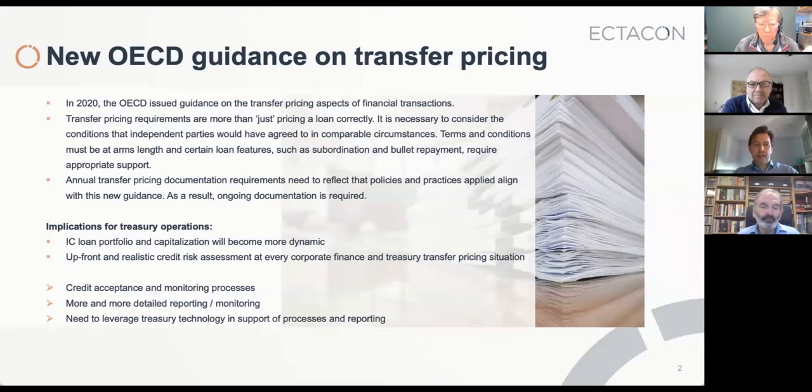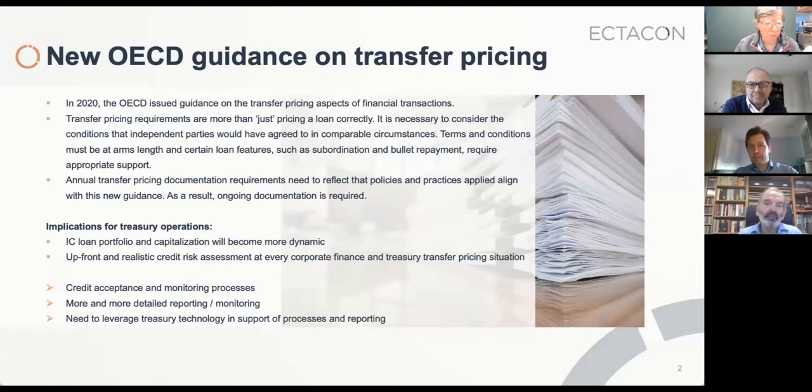And with increasing transfer pricing documentation requirements, it's also clear that you need to reflect in your transfer pricing documentation that you're actually applying this guidance in your policies and practices. And as a result, ongoing documentation is required, for which ongoing information is needed.